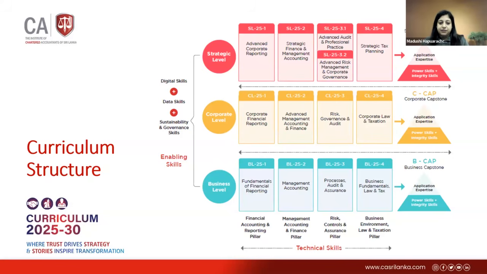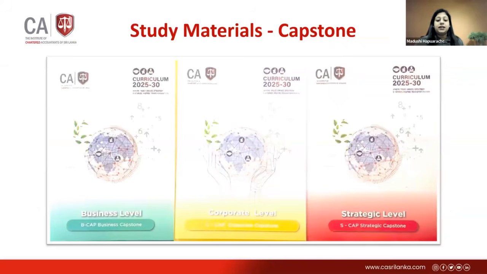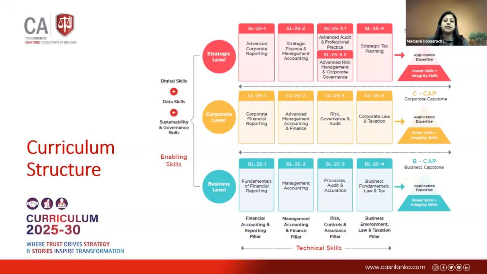I would like to say something more. In our new curriculum structure, we have incorporated something called the enabling skills. As you know, in the traditional accountant role, we had the financial accounting, management accounting, risk control assurance, and business environment, law, taxation pillars, where all the technical knowledge is delivered to the students, which is useful for them to perform the duties of an accountant in the traditional accounting role.